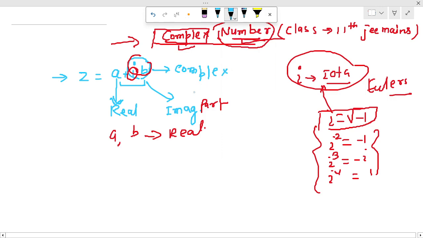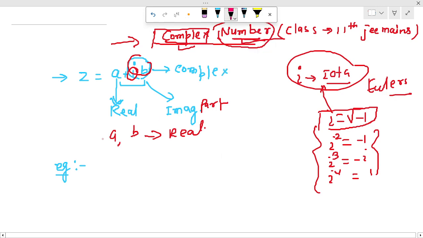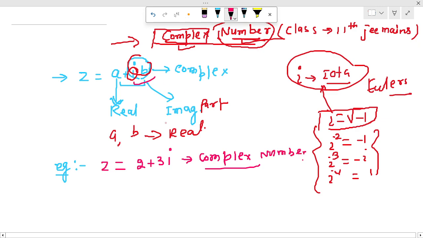Next, what is an example of a complex number? A small example of a complex number: suppose 2 plus 3 iota. This is a complex number because it is of the form a plus iota b.